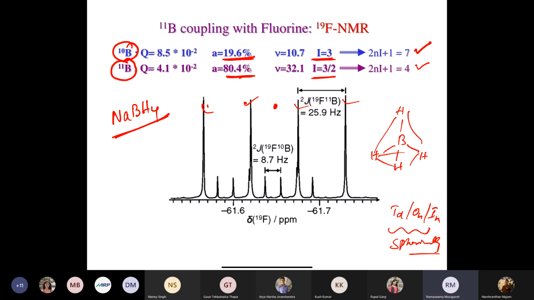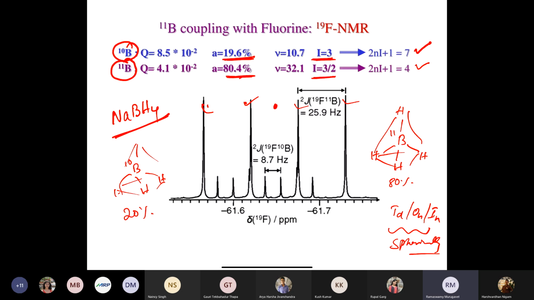That's because 80% of the BH4 molecules will have boron-11. Let me write on the other side: boron-10 with the hydrogens is 20%.